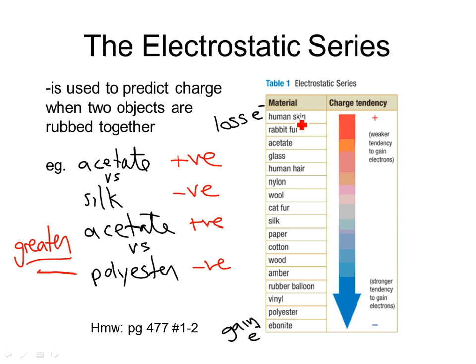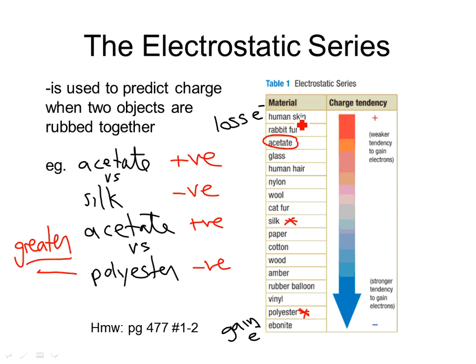Jess? Yeah, but I've got acetate here, and then I've got my silk here, and then I've got my polyester here. I would say that the silk's higher up on the chart. What about their separation on the chart?